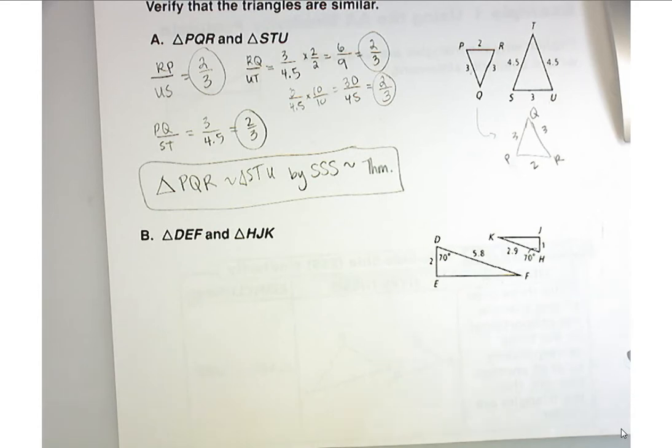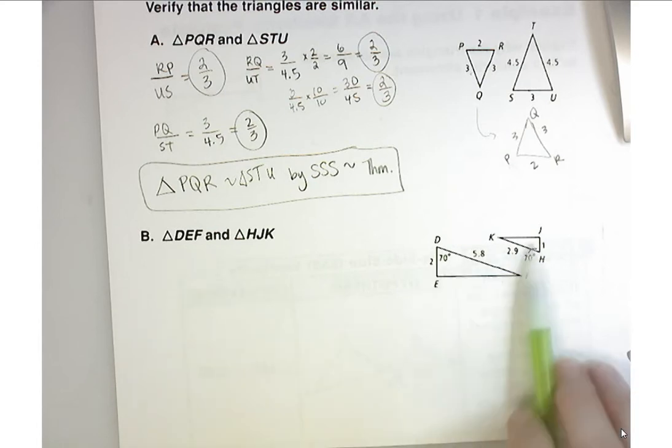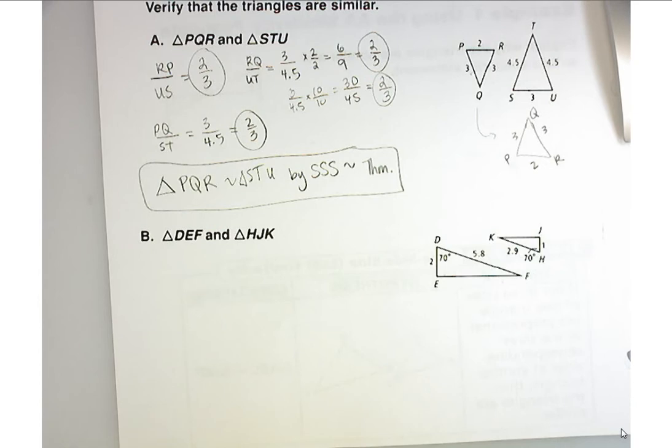Okay, and then for B, we have DEF and HJK. Okay, and again, the first thing I would do is look at my diagrams. If I look at my diagrams, I want to ask myself, am I going to try SSS, SAS, or angle-angle? This one's going to be what?